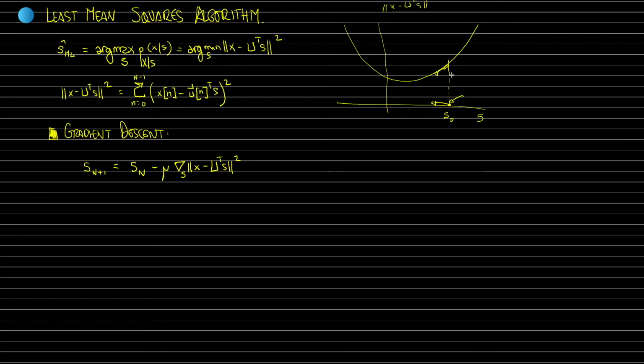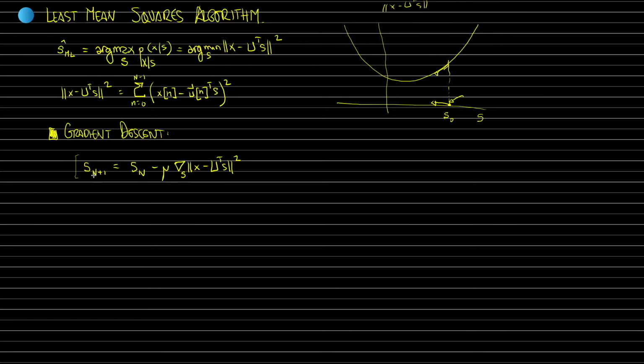And the direction of the fastest decrease is just the gradient of the function. So this leads to the gradient descent algorithm.